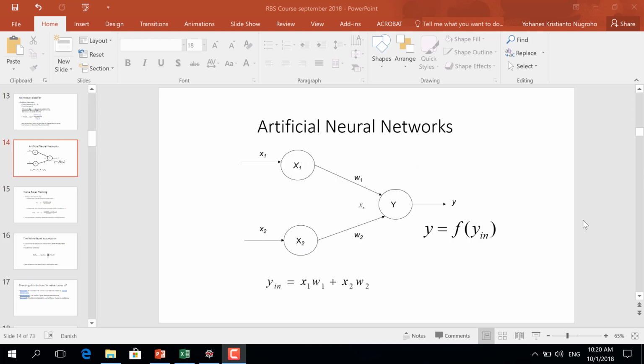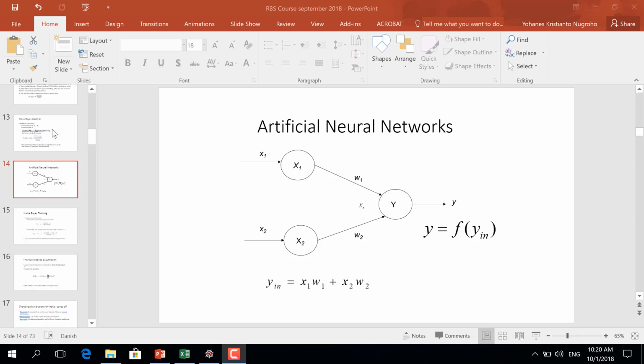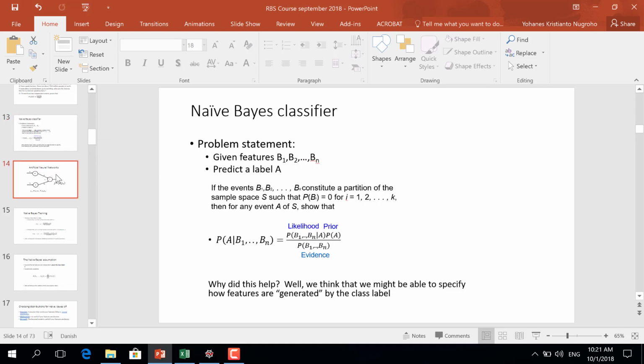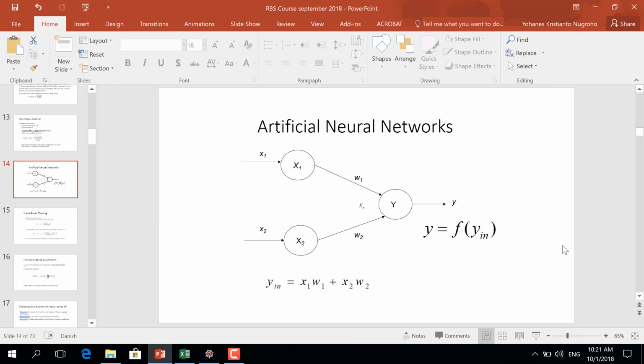And if we like to find the similarities between artificial neural networks and this kind of classifier, the x1 and x2 here are quite similar to our features b1 and b2, and the weight, as we have studied in a course about support vector machines, is represented by the probability.